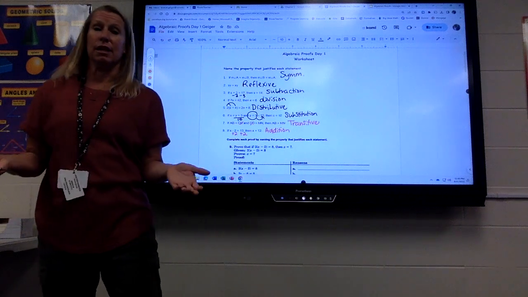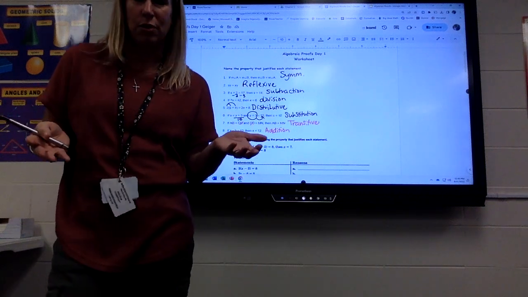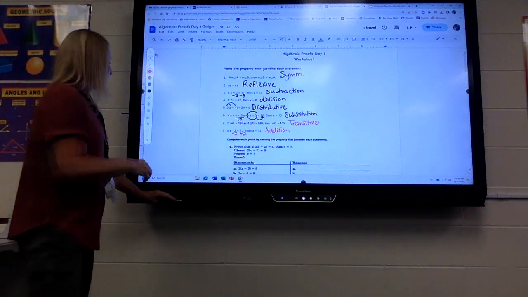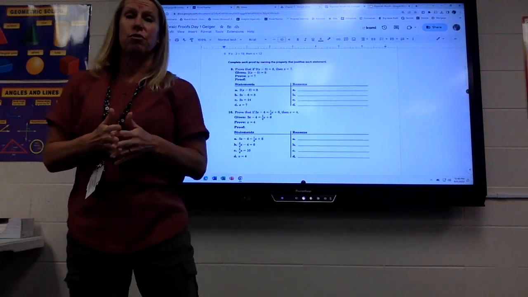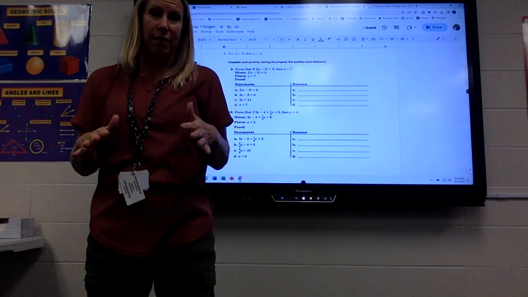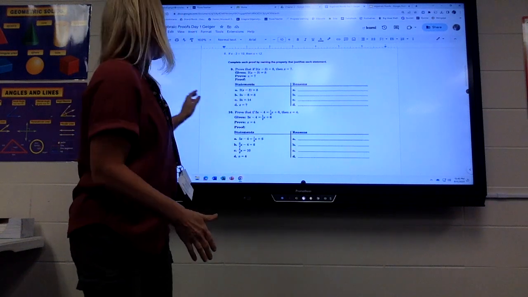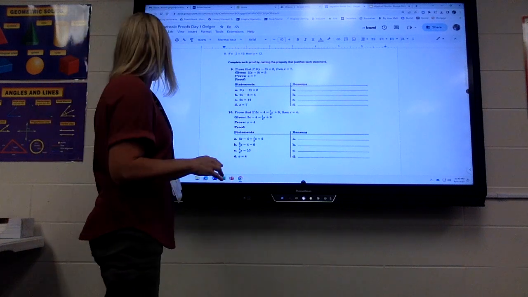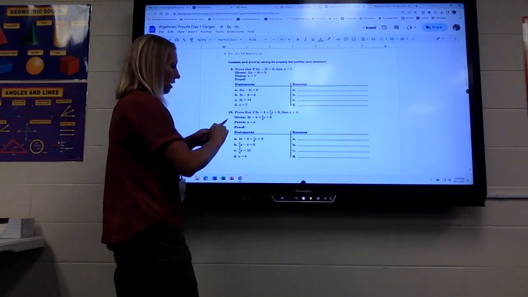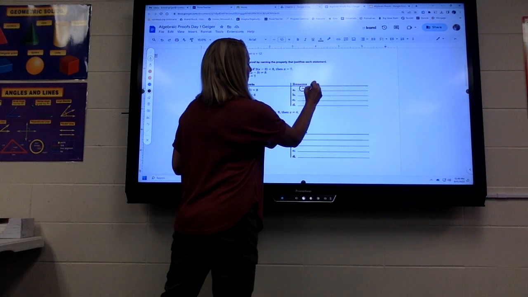So this is going to lead us to writing proofs. We're going to start with just algebraic proofs. On all of these next problems, the first reason is going to be given every time. They give us an equation, so that's going to be given. So on all of your very first reasons, you're going to put given.